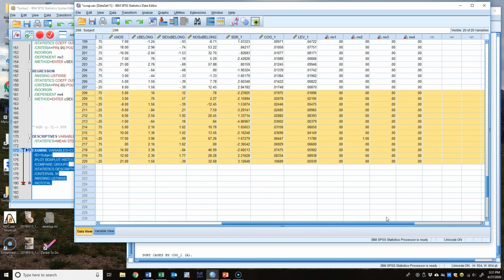Now, we don't want to indiscriminately get rid of cases, because you end up with half the sample you started with if you do that. But what we want to do is identify cases that are problematic or worth looking into further.